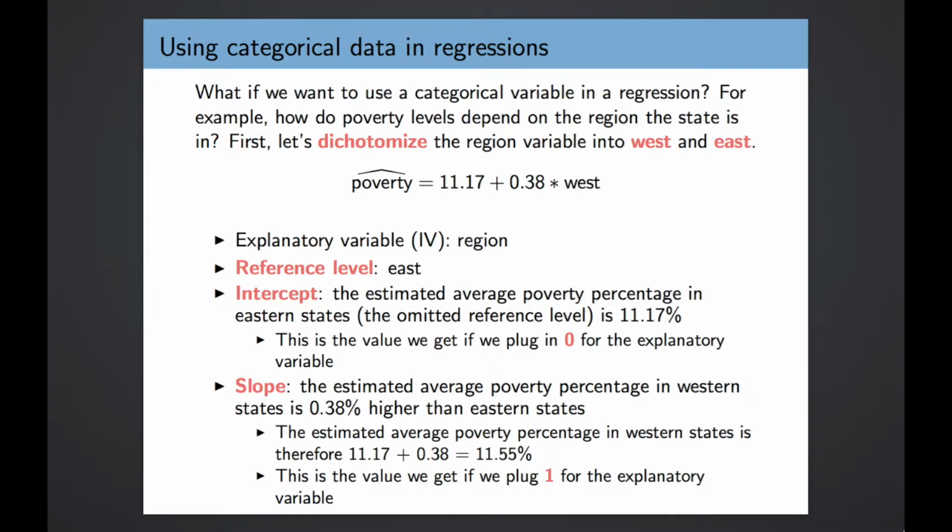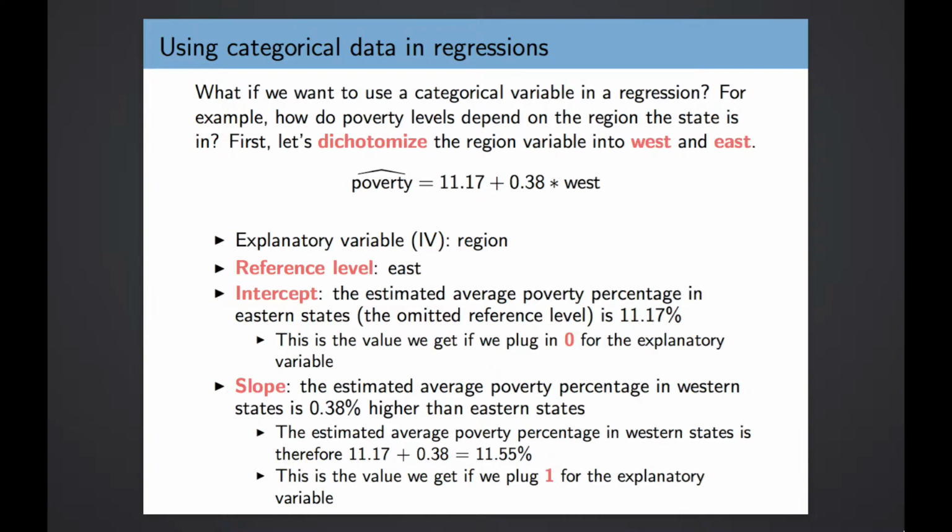And we're going to go ahead and estimate this model, and we find a linear model with an intercept of 11.17 and a slope of 0.38. So B1 is equal to 0.38. So let's talk about what that means. So remember that the intercept, B0, tells us what the predicted value of y is when x is equal to 0.